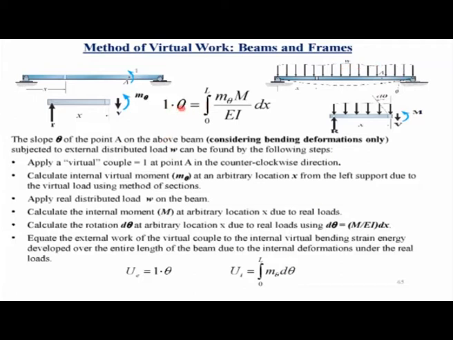So the formula would be 1 times theta equals the integral of m theta M over EI dx, where m theta is the virtual moment at the section due to the unit virtual moment applied at the point where the rotation has to be calculated. Now, if you want to calculate the deflection or rotation of a beam using the virtual work method, you notice that there is an integration of two functions which are basically functions of x.